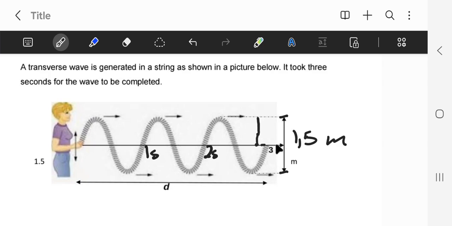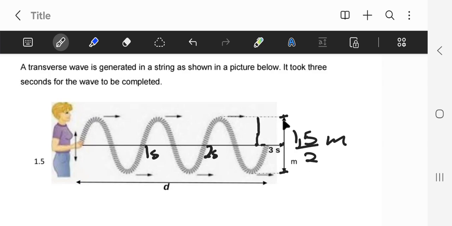We only want one amplitude, from this point to this point, so it has to be half of 1,5.